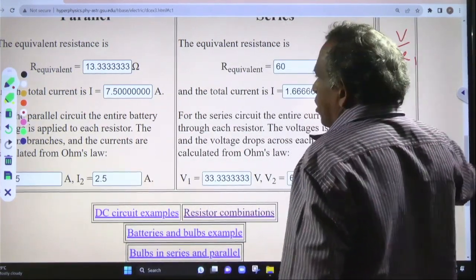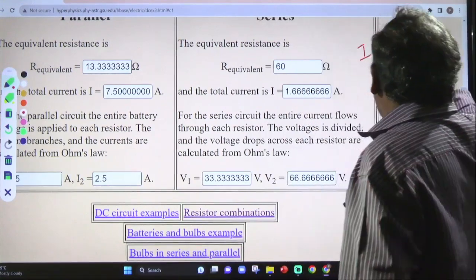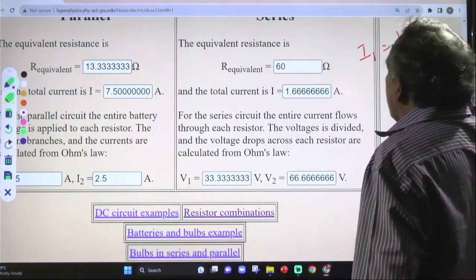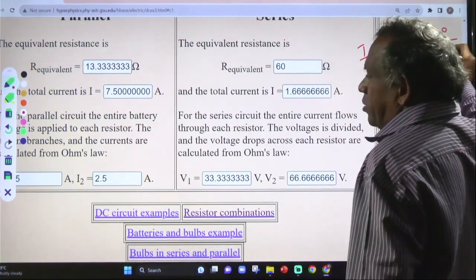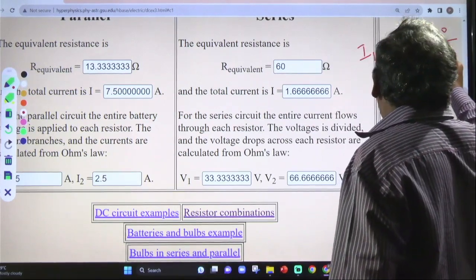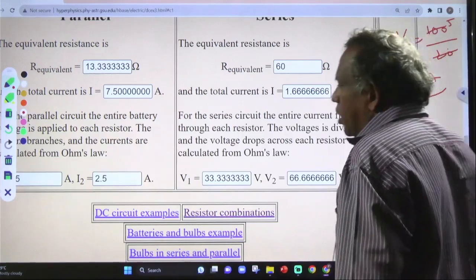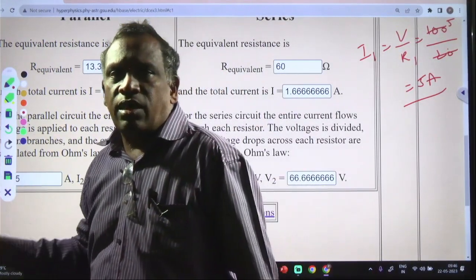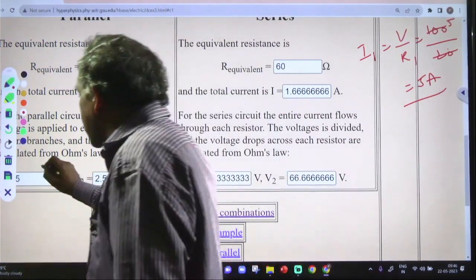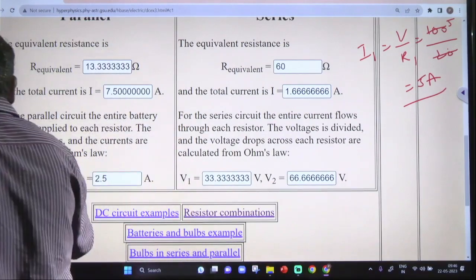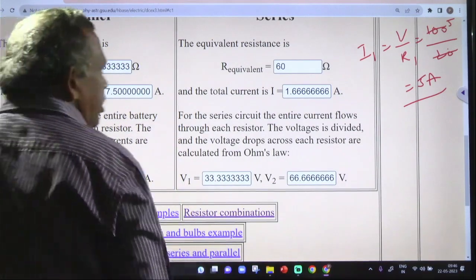Voltage is 100, R1 is 20. 100 by 20 is 5 amperes. Across the R1 resistor, 5 amperes is the current. See, 5 amperes is the I1 value.